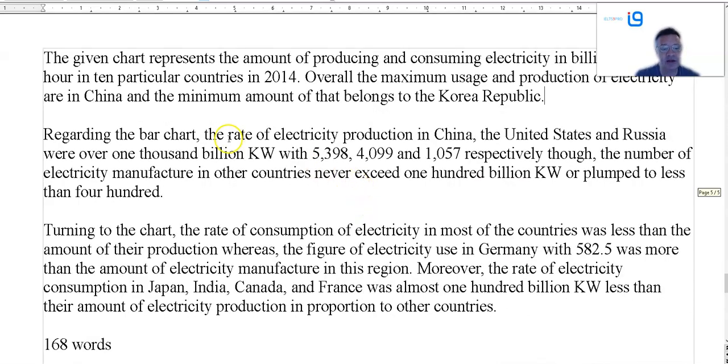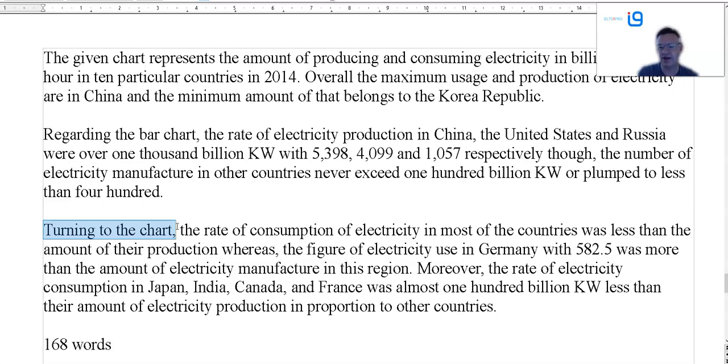Regarding the bar chart, relative to China, States, and Russia, respectively, this one. Ooh. So it looks like they're doing production first. And then, so regarding the bar chart, turning to the chart. Well, how can you turn to the chart? You've just regarded it.